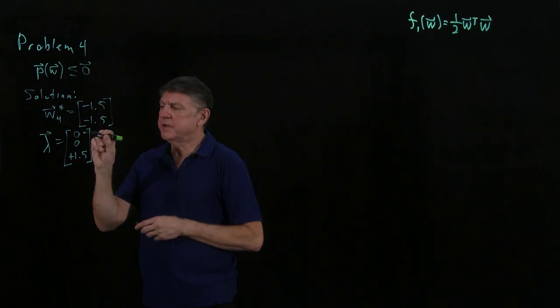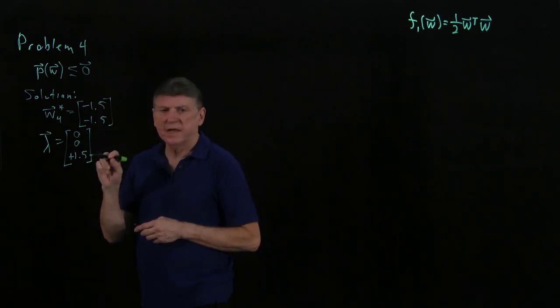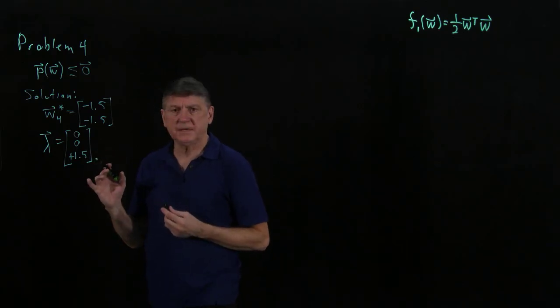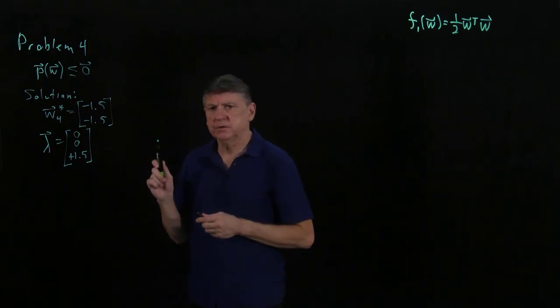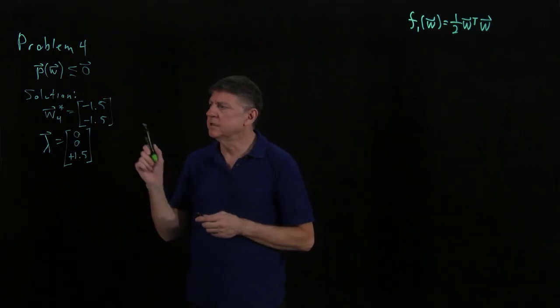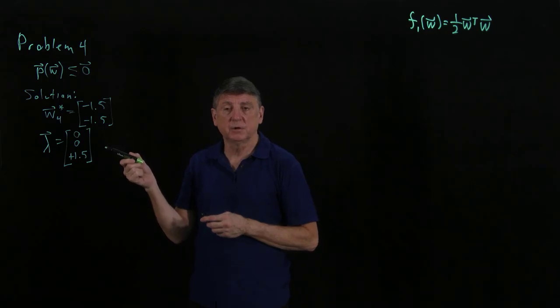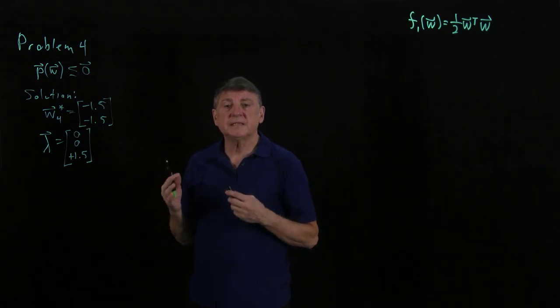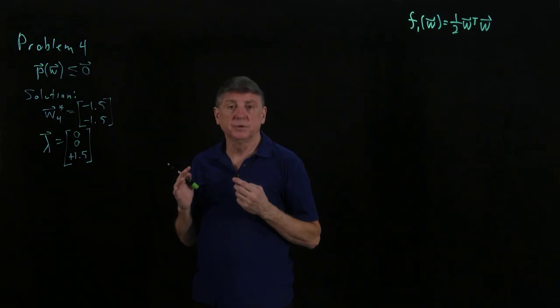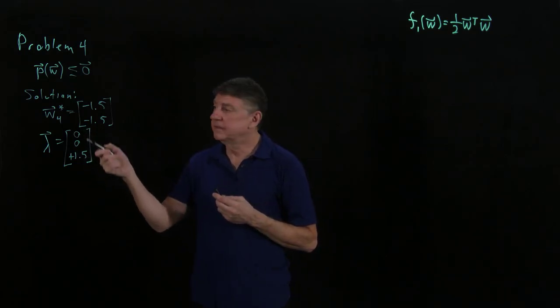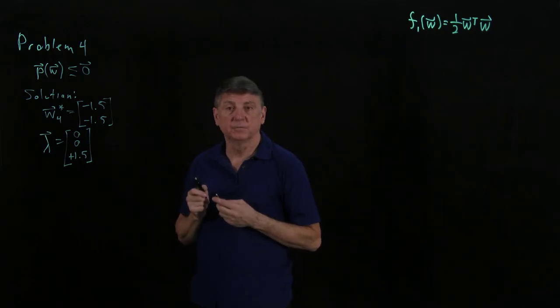Now we have 2 inactive constraints and 1 active constraint. So what's happened here? It turns out there are 2 reasons for a Lagrange multiplier possibly being equal to 0. Let's take a look at a computer-generated image and go through why the Lagrange multipliers are 0 for this problem.